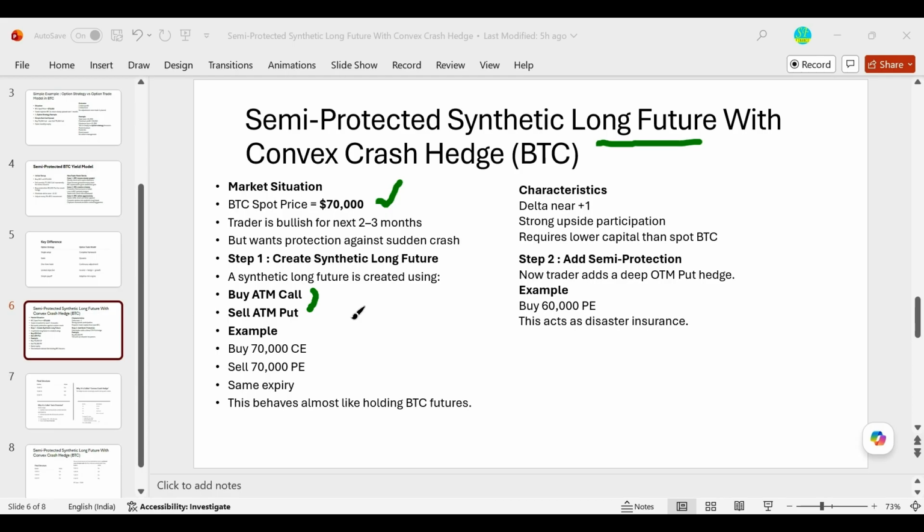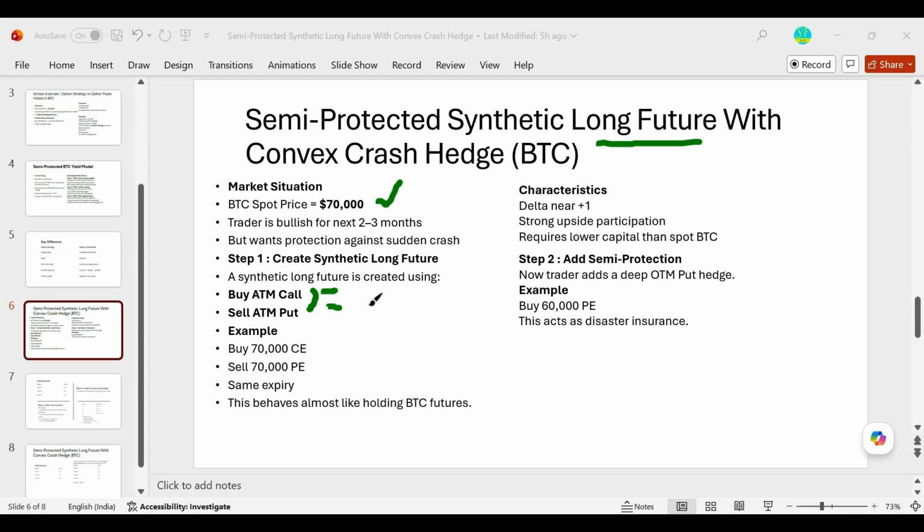Do remember, the trader who is initiating this has two concrete views in his mind: that this asset is not going to be zero, and that if the correction phase continues for more days, he will continue the same style. Even if it comes to 60K, after 2 months I will again buy the 70,000 call and again sell the 70,000 put. This is the process the trader is convinced with.